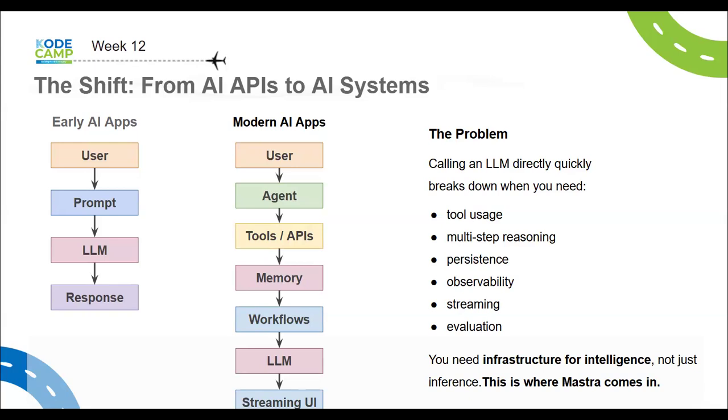But at the end of the day, that entire thing is what goes to the LLM. And then we now have streaming UI, which is an interesting thing. Streaming UI makes your agent appear even more intelligent because you can start sending responses back to the user almost immediately. You don't have to wait for the LLM to finish whatever it's doing. It passes the information back in real time.